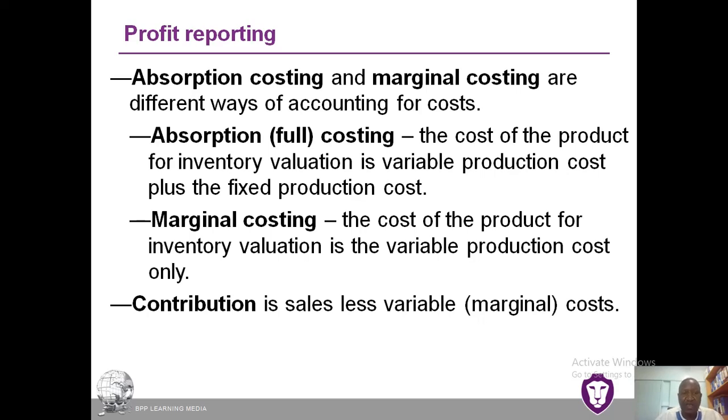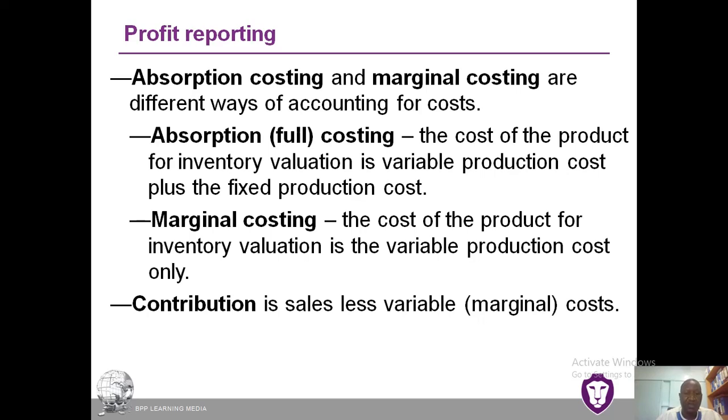It is a way of valuing inventory where the cost of the product for inventory valuation is a combination of both the variable production costs plus the fixed production cost. That's why absorption costing is called the full costing method, because you are getting both the variable costs and the fixed production cost as part of the cost of inventory, or the value of those units.